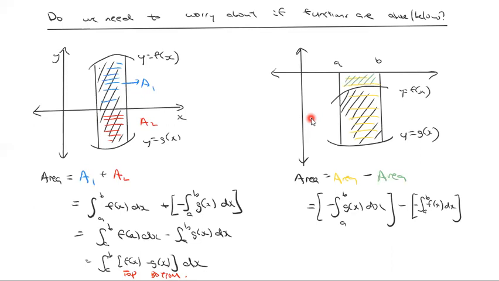So this is the yellow area in brackets, and this is the green area in brackets, yeah? And we need to take them away from each other, which then means you've got the negative of the integral of g of x dx plus the integral of a to b of f of x dx. And you're back to square one again.